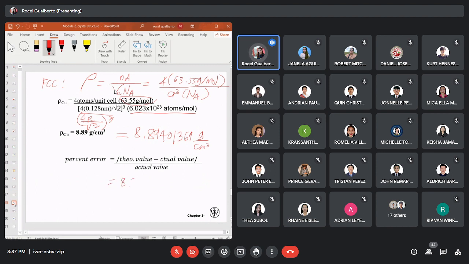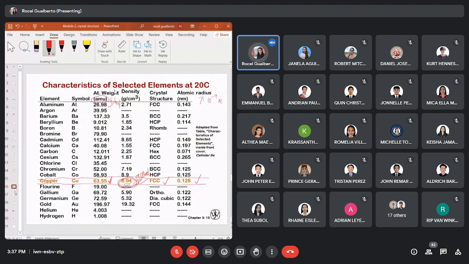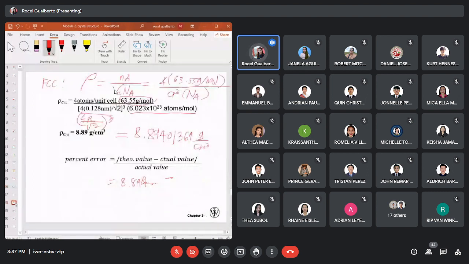So, 8.894 something, minus the actual value. The actual value is taken from the table, 8.94. So, minus 8.94, divided by the actual value, which is also 8.94.